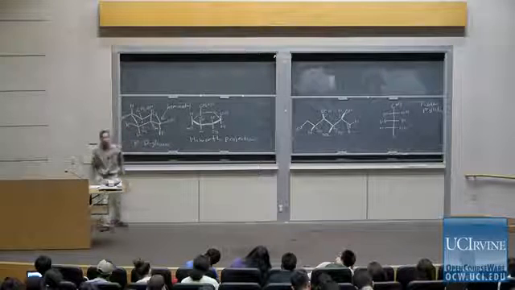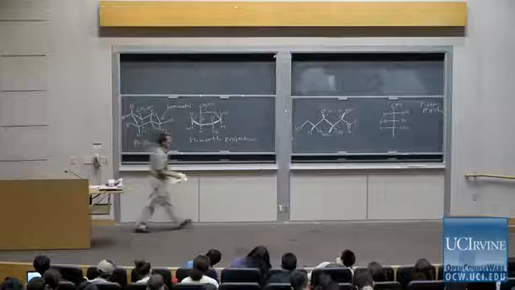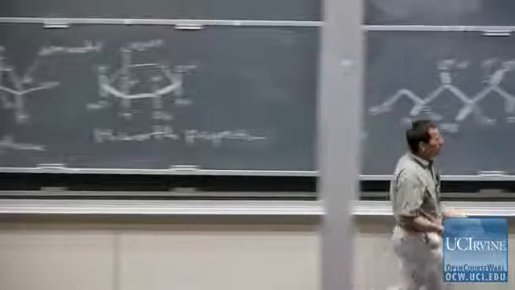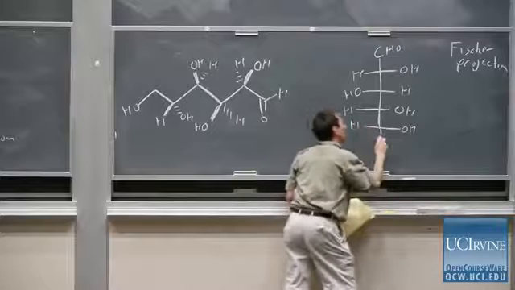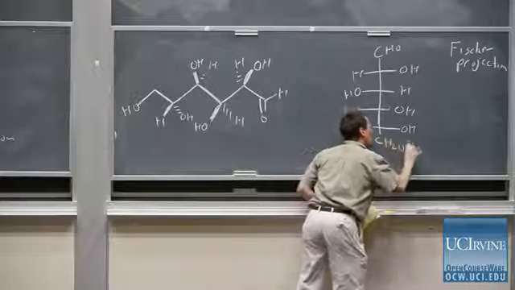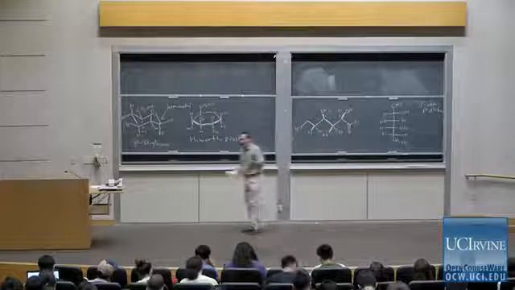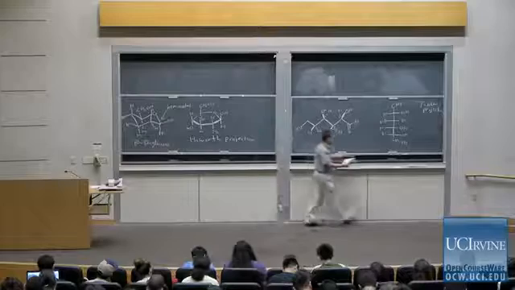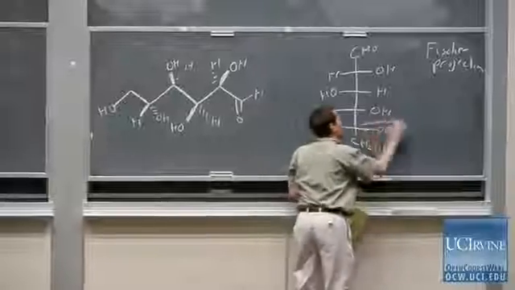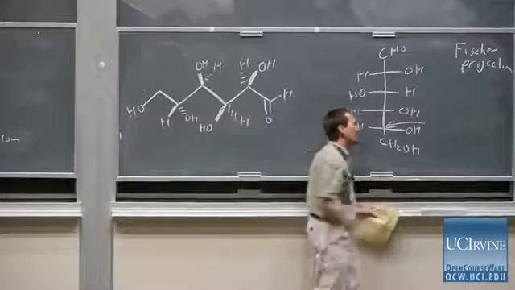Let me draw how glucose is drawn first, and then I'll show you how we get over there. So the last position doesn't map well, and I'll show you why in a second. So here's our last position. And in fact, for all of the D sugars, they have this stereochemistry at this position, at the position that's next to the terminus of it.